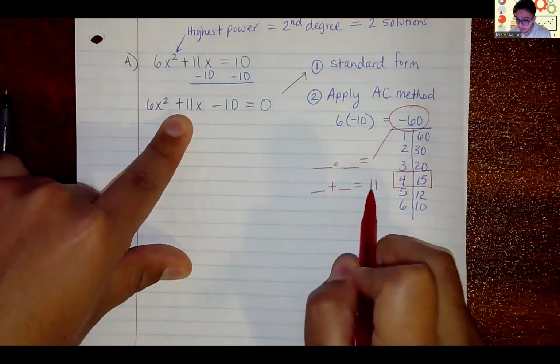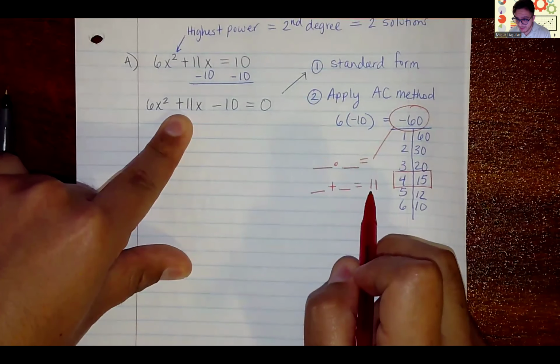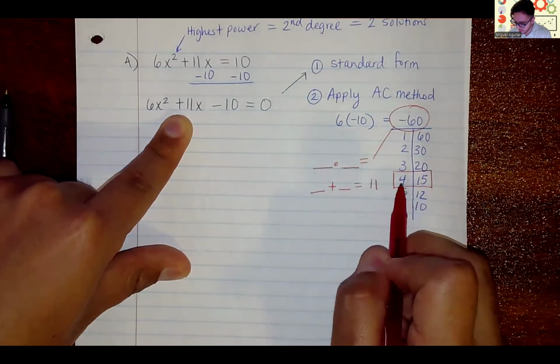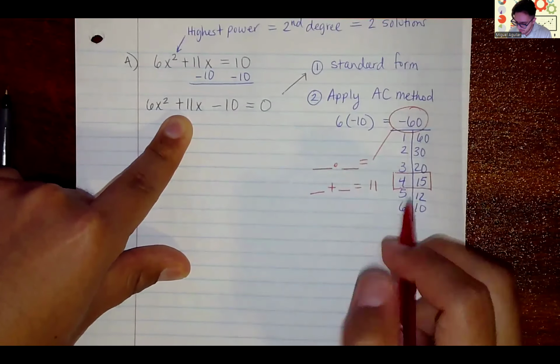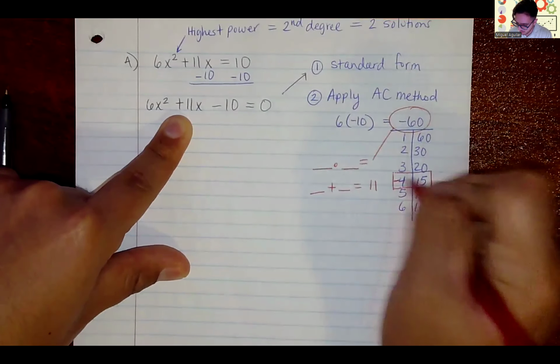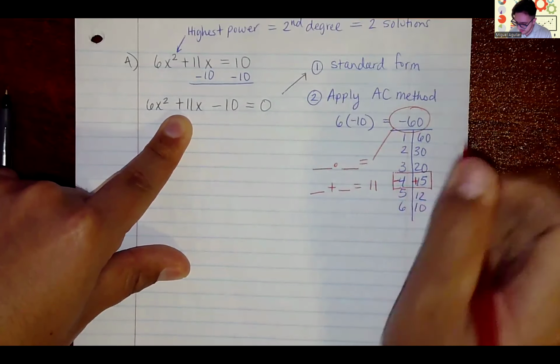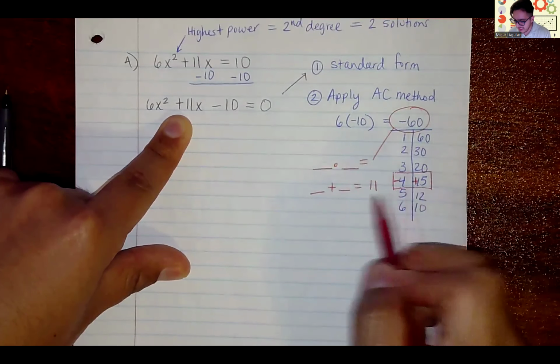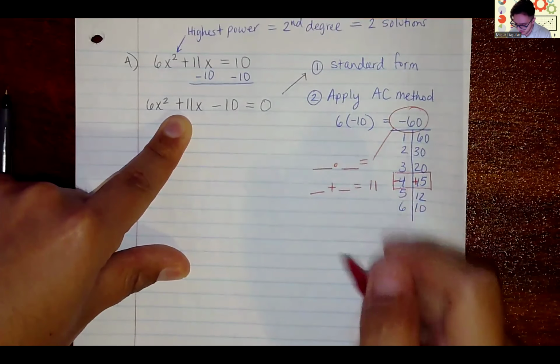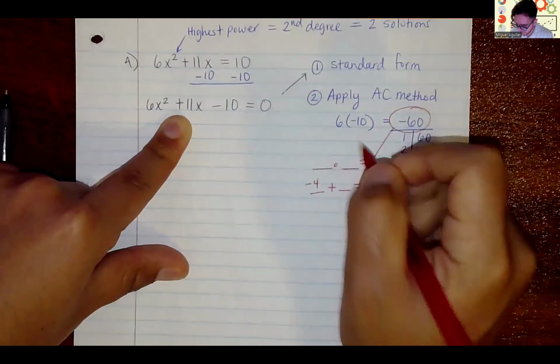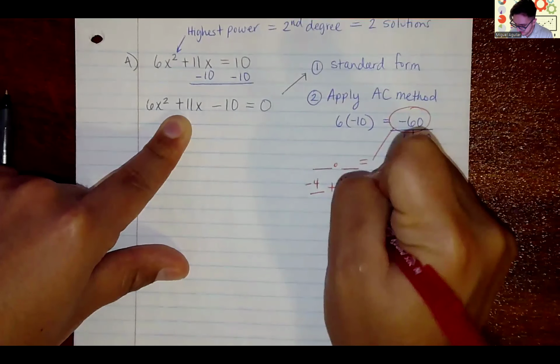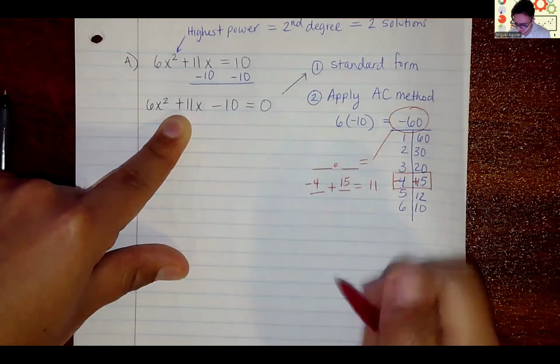So since we need to get a positive sum when we add them together, that means that if 4 and 15 are going to work, then it's going to have to be a negative 4 and a positive 15 so that when I add these together, I stay positive. And that's going to work out here. So negative 4 and positive 15 add to make that 11.